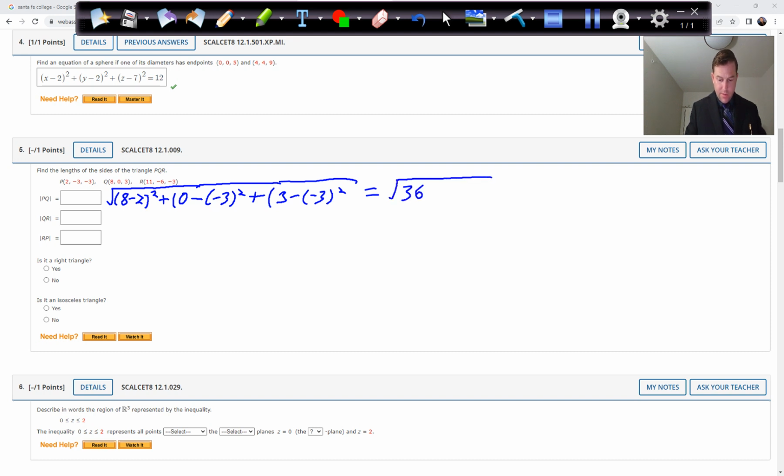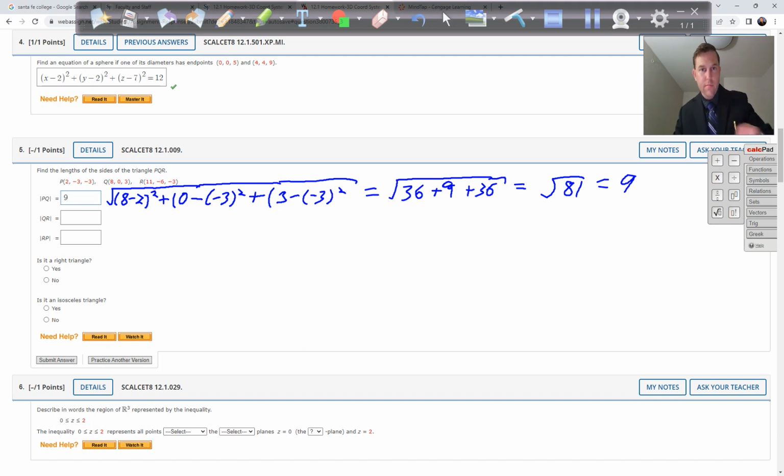That's going to give us positive 3 squared, which is 9. That's going to give us 3 plus 3 is 6 squared again, 36. And that's 72 plus 9, which is the square root of 81. Hey, it's a nice number, 9. So we're going to have 9 for the first one.